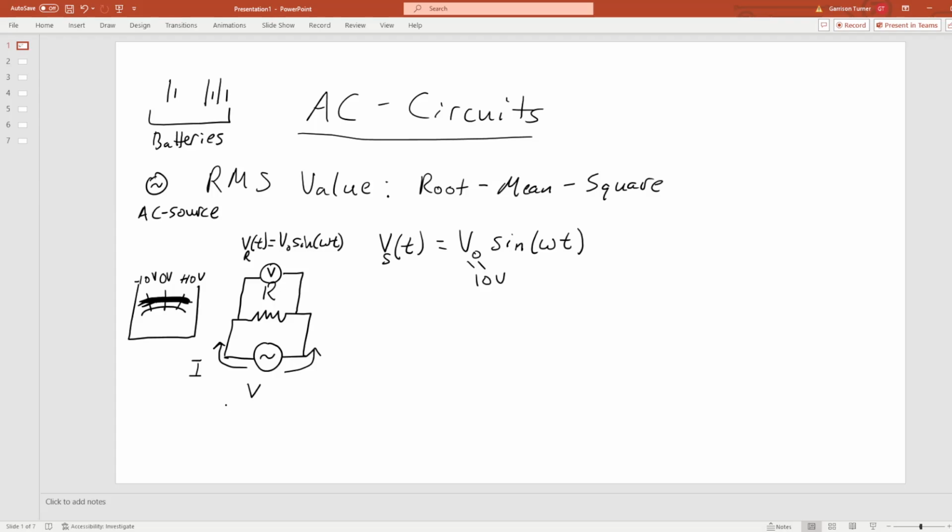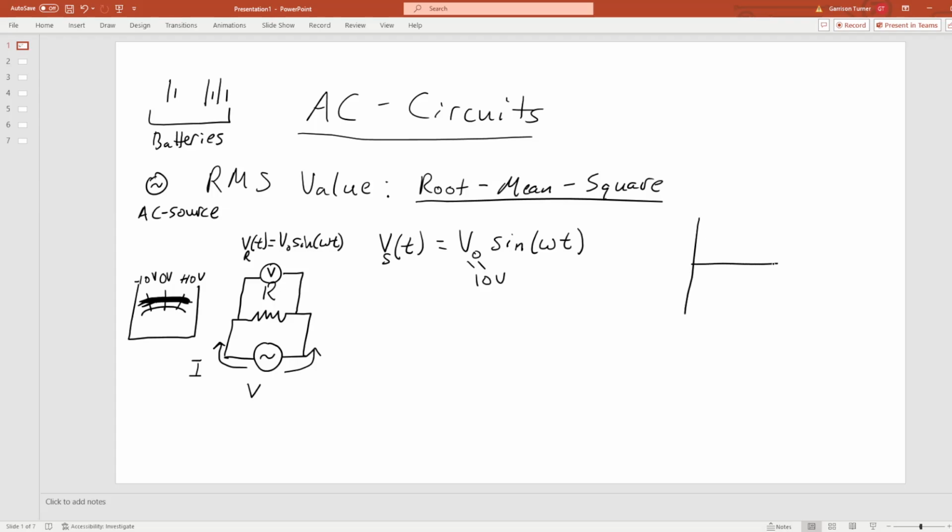So with all of that in mind, what we do is we define this RMS value to be the equivalent of a constant DC signal. And the reason we use the root mean square is the following.